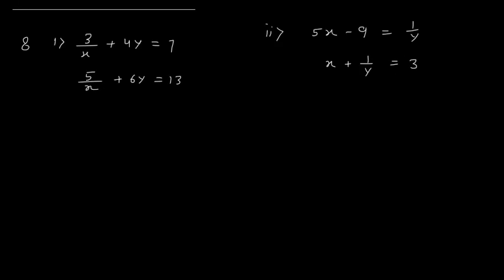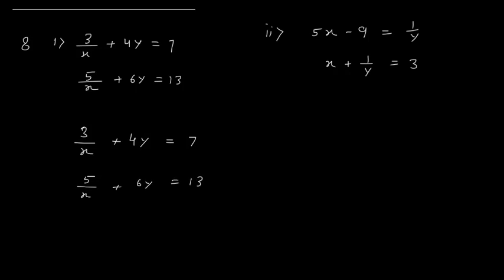Now here, again, I think the problem is a little different. The first problem, if you see, we have 3 upon x plus 4y is 7 and 5 upon x plus 6y is equal to 13.